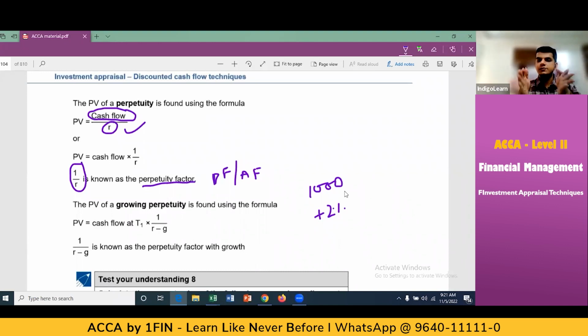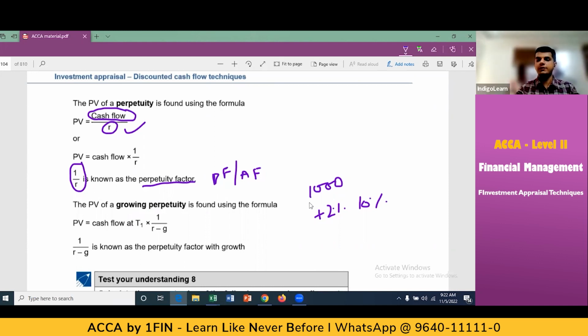But yes, there is no stop to this payment. Then you will ask, sir, how can we calculate? Can I directly calculate? Suppose the discounting factor is 10%. Can I directly calculate 1,000 divided by 10% here also? I would say no, because the growth factor is also involved in this. Then, sir, there is no end. How do we discount it back? What should be the present value?